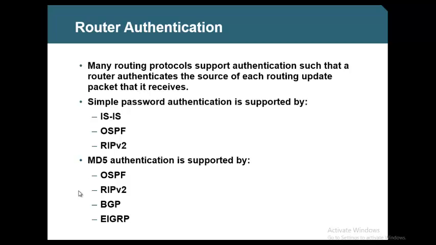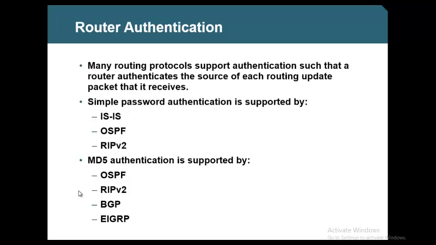When it matches, the receiver will accept our packet. Likewise, when the sender sends to us, we compare the authentication string on the packet with the authentication string configured on the local. If it matches, then we accept the packet.